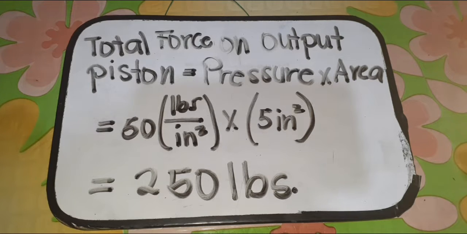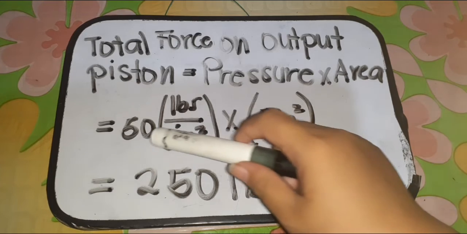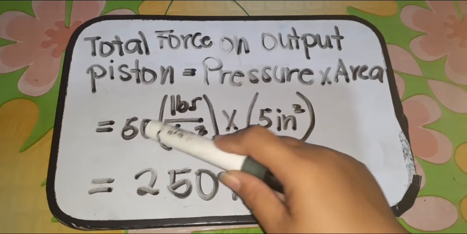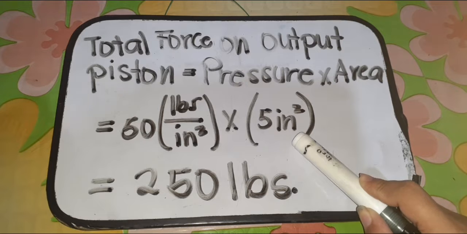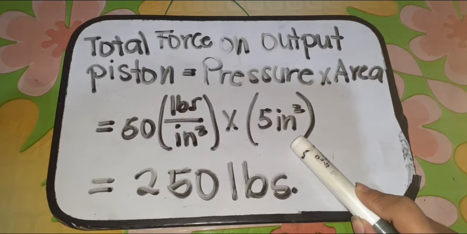And hence, the total force acting to push the output piston upward is the pressure, which is 50 pounds per inch squared, times the area, which is 5 inches squared.